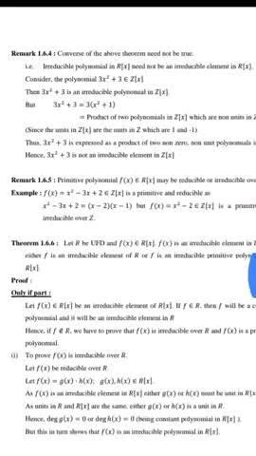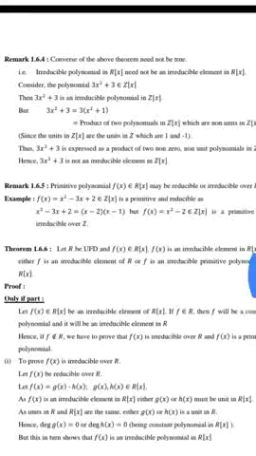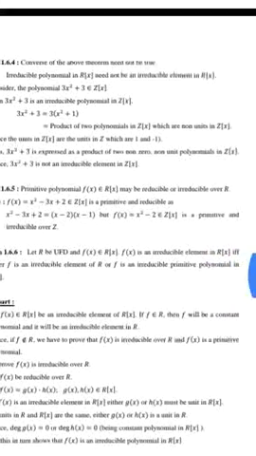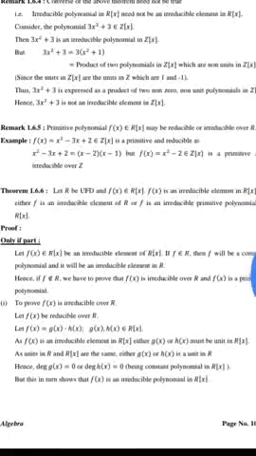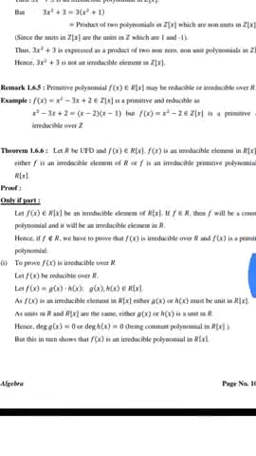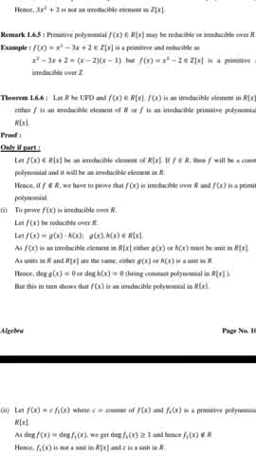Since the units in Z[x] are the units in Z, which are 1 and −1, 3x² + 3 is expressed as a product of two non-zero non-unit polynomials in Z[x]. Hence 3x² + 3 is not an irreducible element in Z[x].